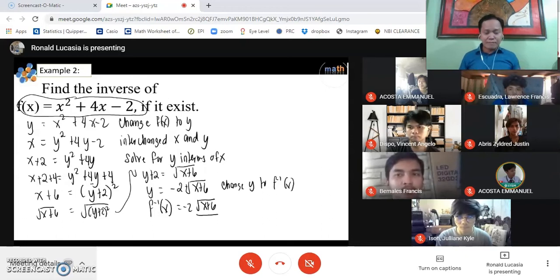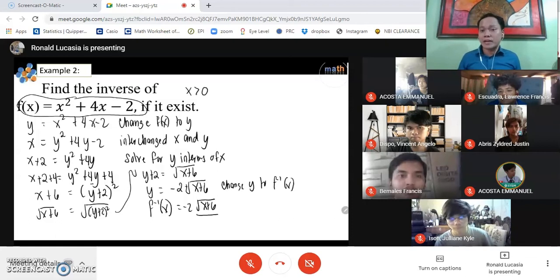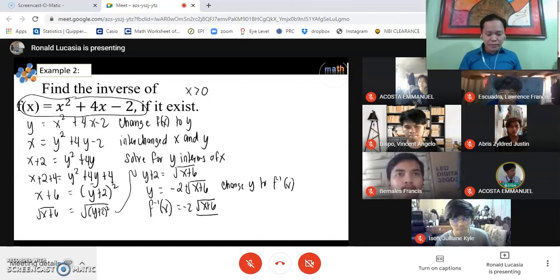But if we restrict x to be greater than 0, then the inverse will become defined. Okay, remember, we only have the inverse of a given function if that original function is a one-to-one function. Here, we have two values of x taking one value of y, and this is not a one-to-one function.